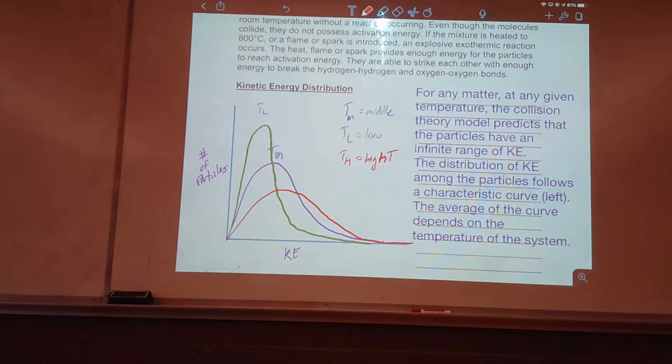And if we took the average kinetic energy, it's going to be somewhere near the middle of this hump. That is your KE average.